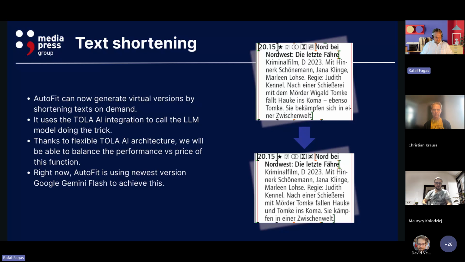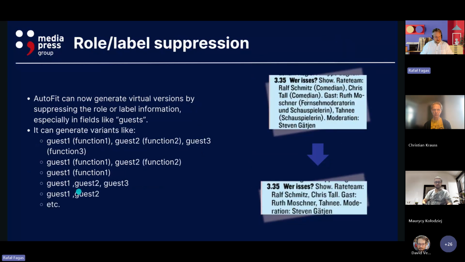The next thing that we can do here is to generate virtual versions, virtual variants of the record by shortening the number of people involved in the program. Usually this is for talk shows and news programs like this.